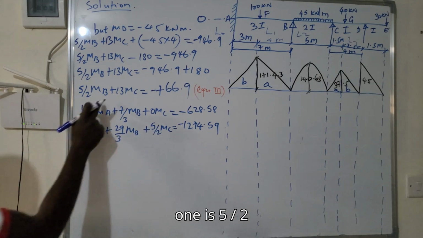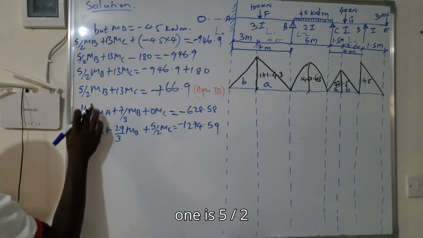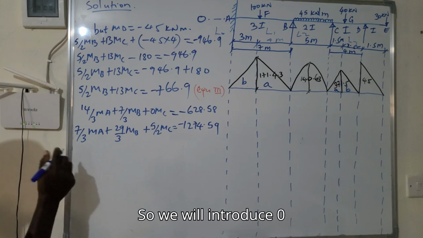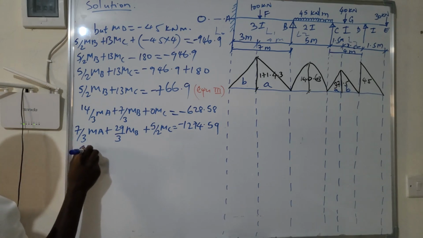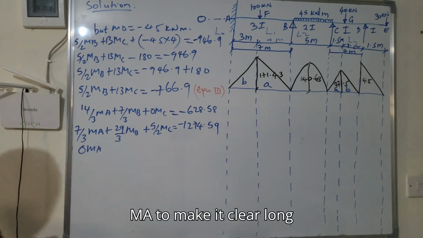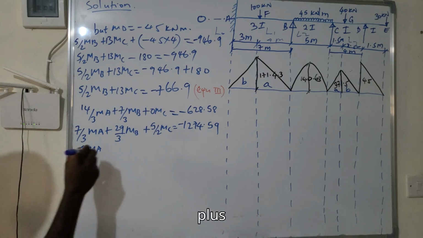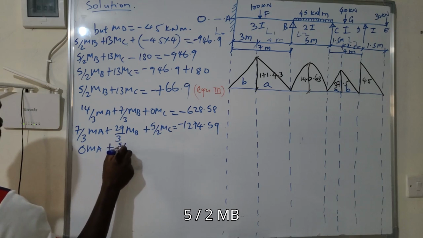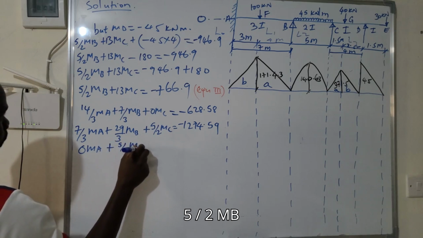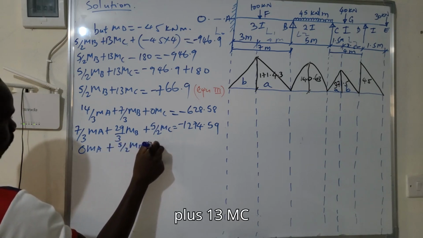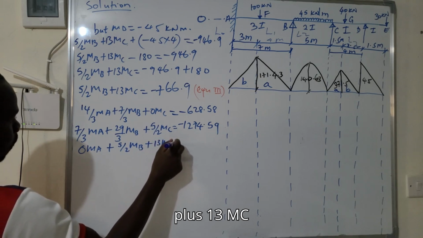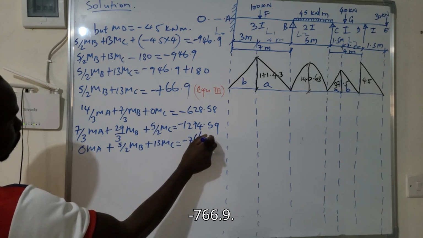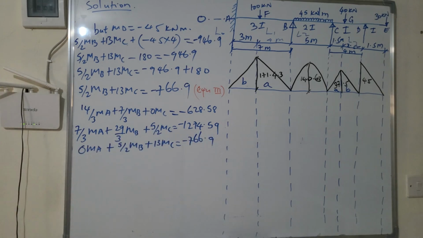And then the last one is 5/2 MB. We don't have MA, so we will introduce 0 MA to make it three unknowns, plus 5/2 MB plus 13 MC is equal to negative 766.9.